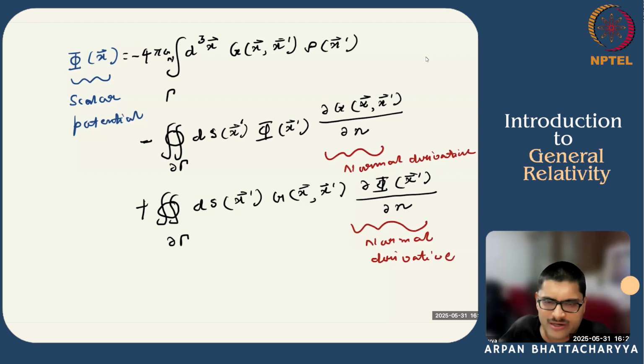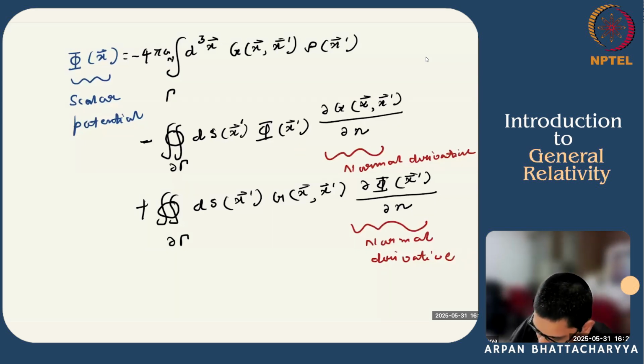One important point to remember is that we know from the uniqueness theorem that to get a unique solution to the Poisson equation, you specify either phi or its normal derivative at the boundary. You don't need to specify both of them. We just need to specify one of them. And we just proved the uniqueness theorem in the previous video. But if you look at this form of the solution, it seems that it involves both phi and its normal derivative at the boundary.